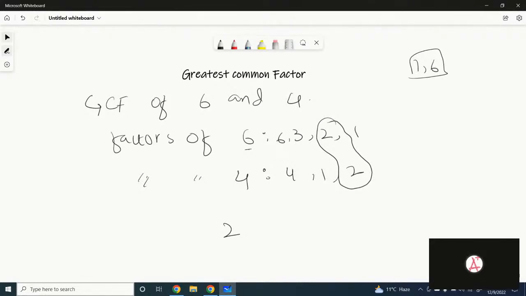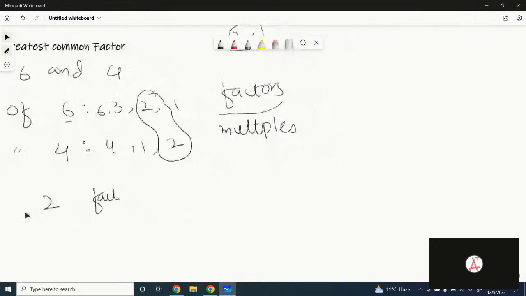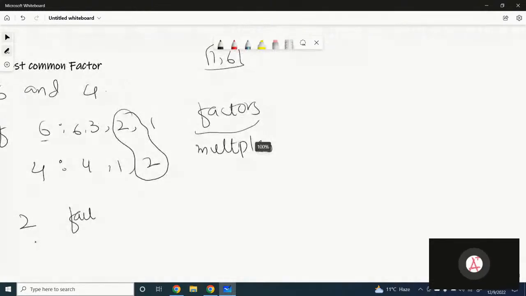So do not confuse the two words, factors and multiples. Factors are the numbers that when multiplied make a specific number. For example, the factors of 6 are 6 times 1 is 6 and 2 times 3 is 6.